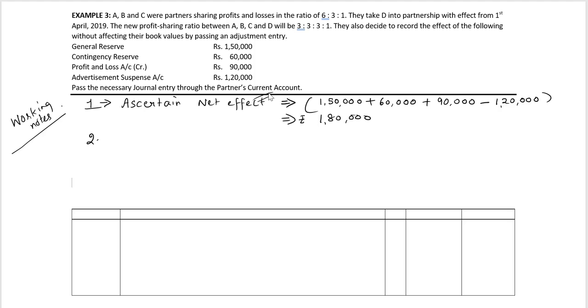The second step is to ascertain the gain or sacrifice of each partner.